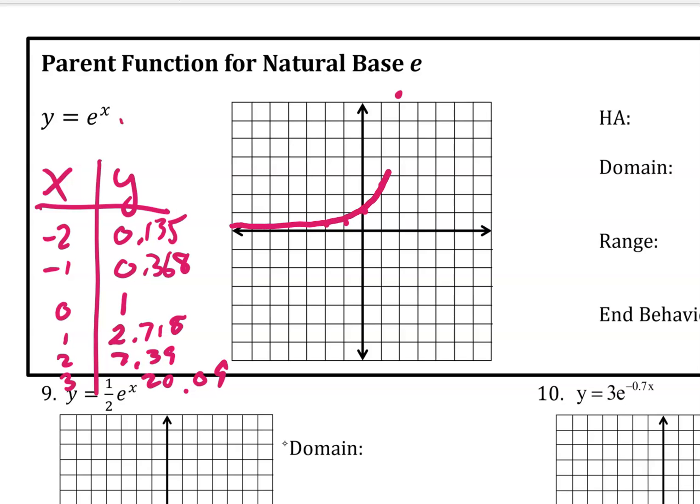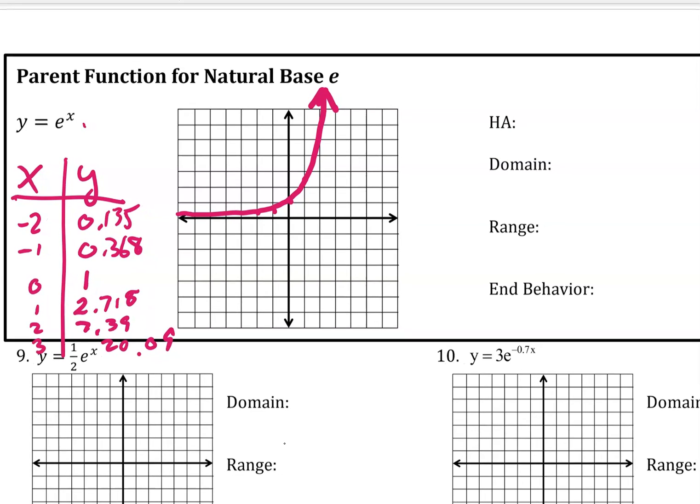So we know this is our graph. Horizontal asymptote. We can see that we approach 0. Why? Well, e to the negative x is 1 over e to the x.